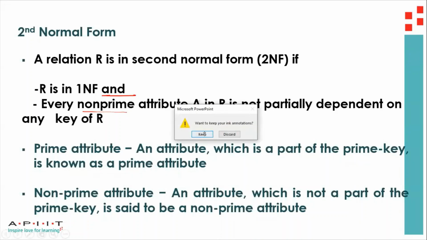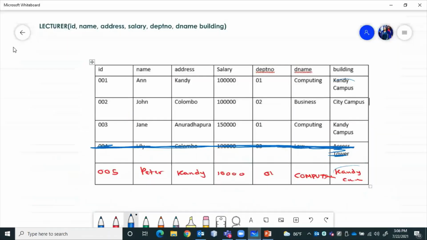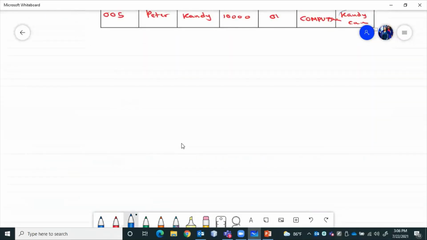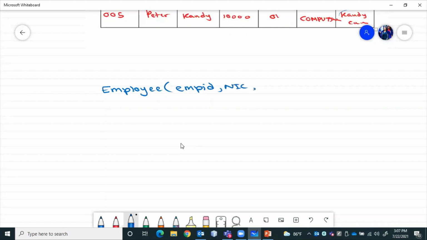Okay, let me take the whiteboard. Let's say we have a relation called employee. There, let's say we have EMPID, employee ID, and NIC, that's the national identity card, and EMP name, employee name, and let's say EMPH.